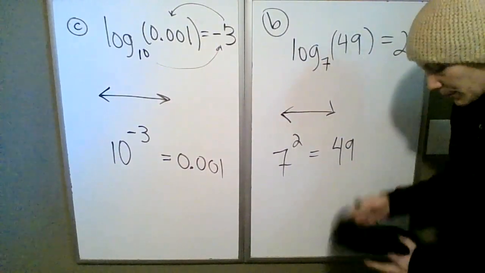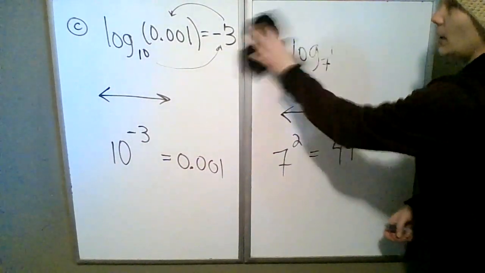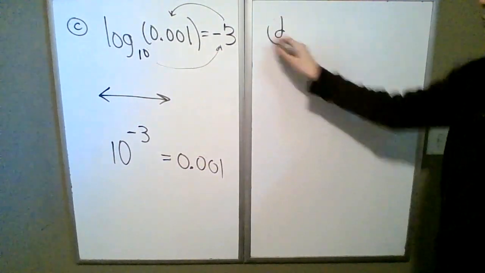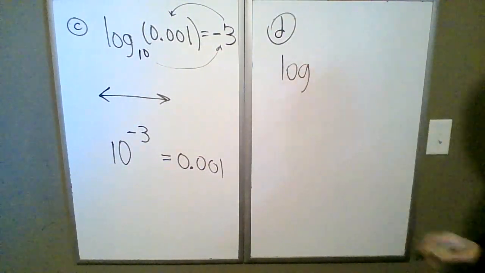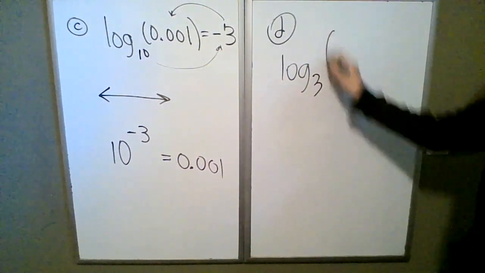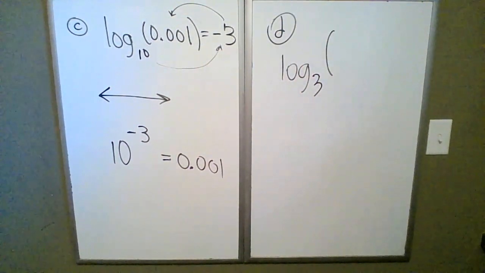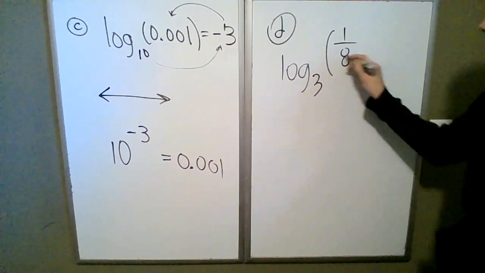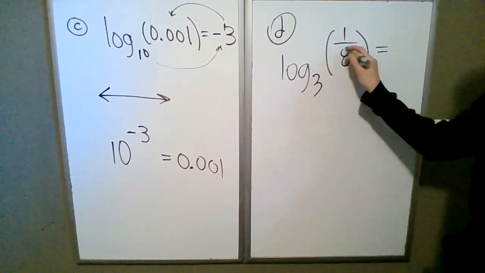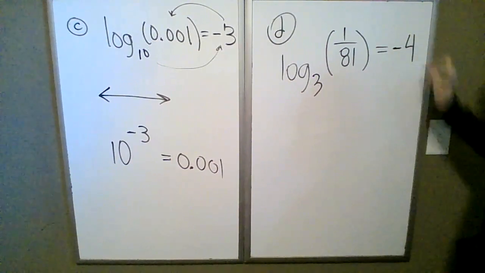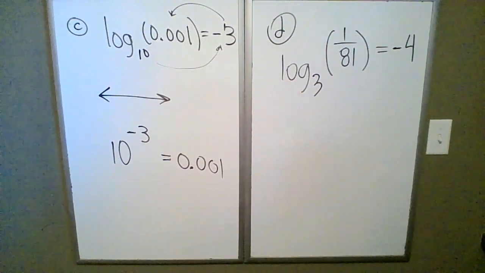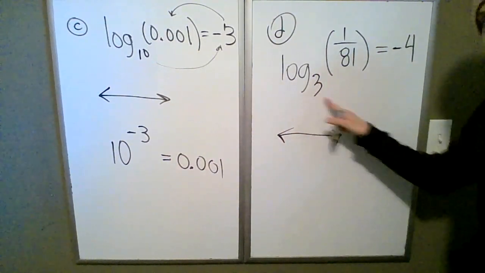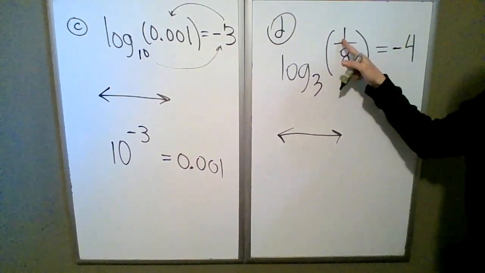Last one for this type of example. D. Log base 3 of 1 over 81 is equal to -4 if and only if 3 with a power of -4 is equal to 1 over 81.